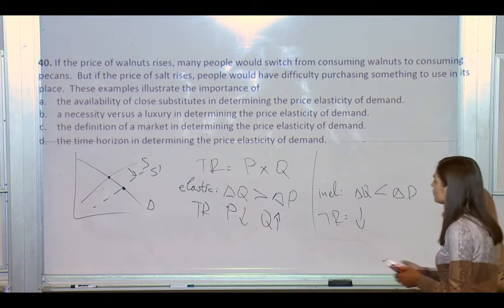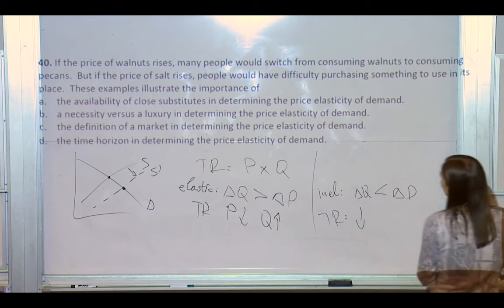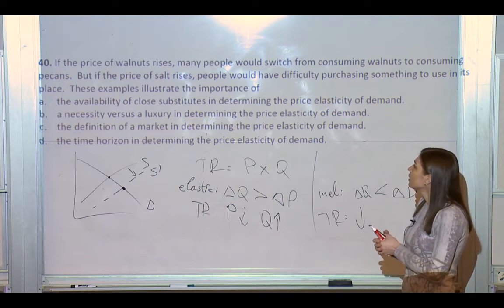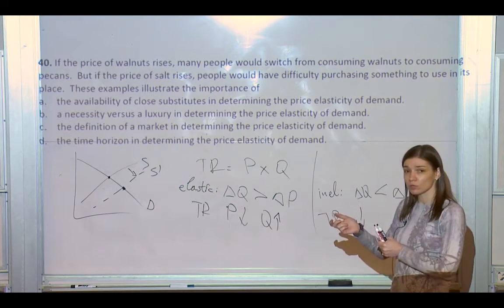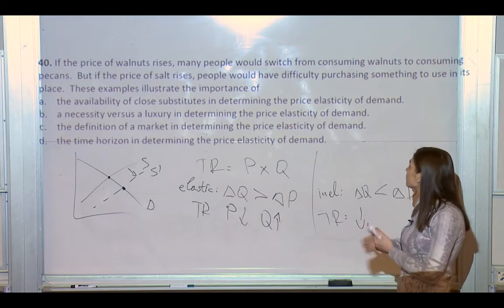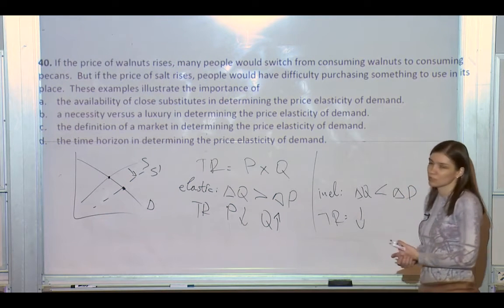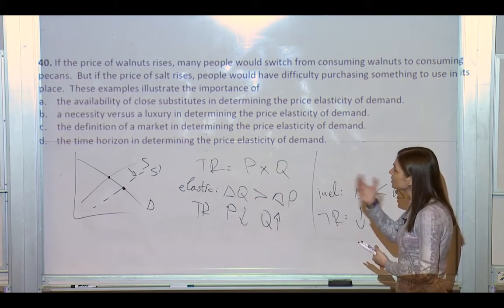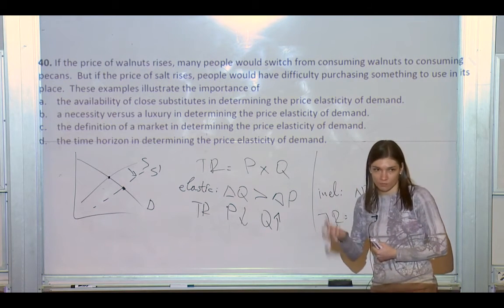All right, this is just theoretical. If the price of walnuts rises, many people would switch from consuming walnuts to consuming pecans. But if the price of salt increases, people would have difficulty purchasing something to use instead. That makes sense. These examples illustrate the importance of what?